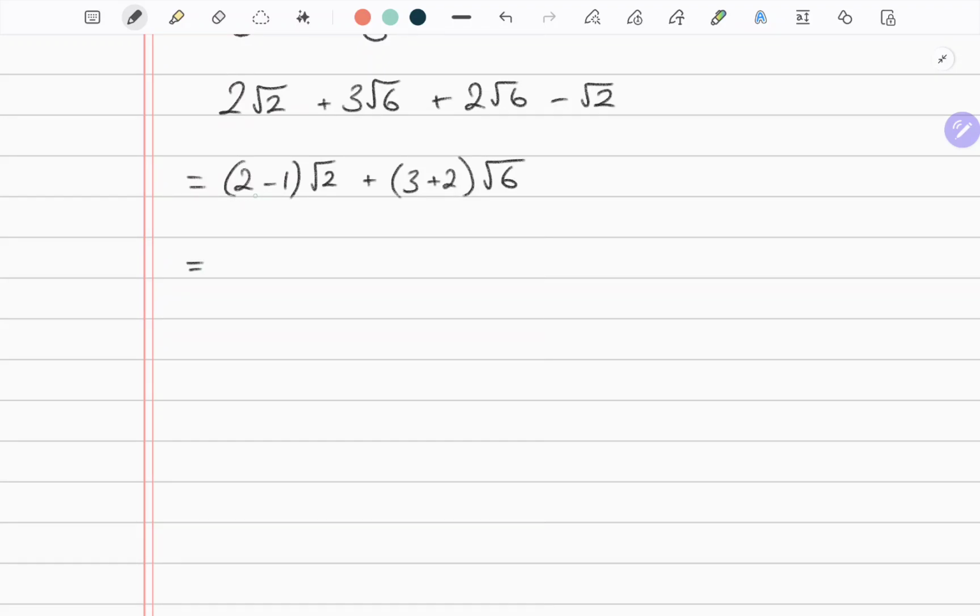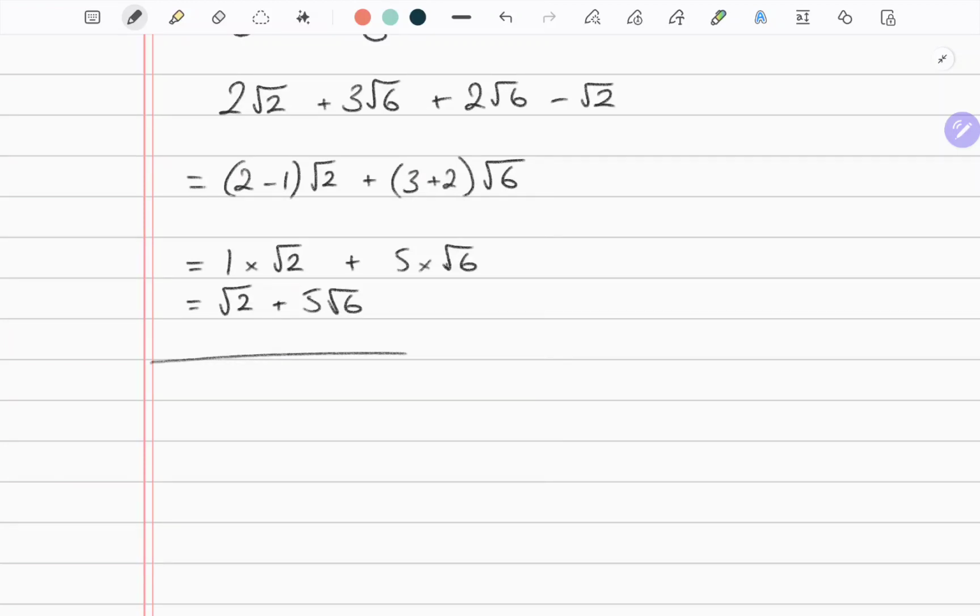That gives us 2 minus 1 is 1, so 1 multiplied by square root 2. And then we have 3 plus 2 is 5 multiplied by a square root of 6. Again, 1 times anything is just the anything, so the 1 times is implied. We're just left with square root 2, and again this multiplication symbol is implied, so that gives us 5 square root 6. So that's the final answer there.